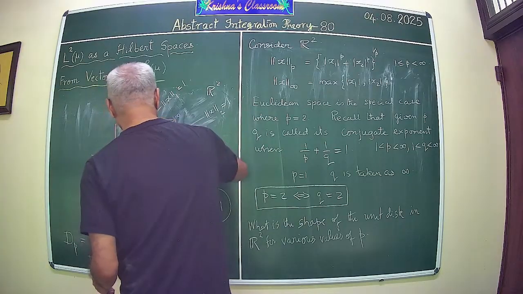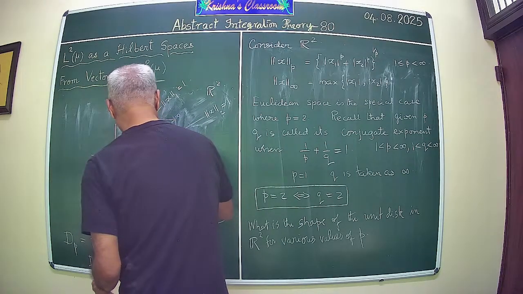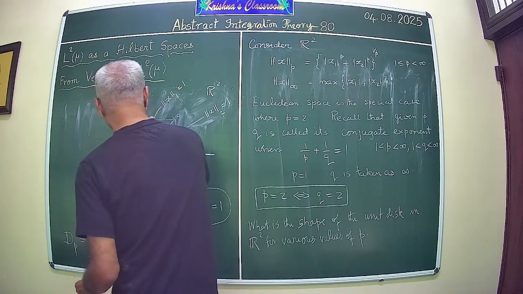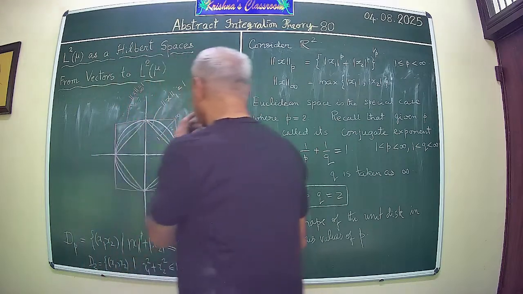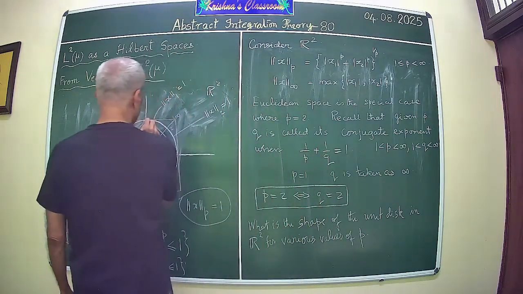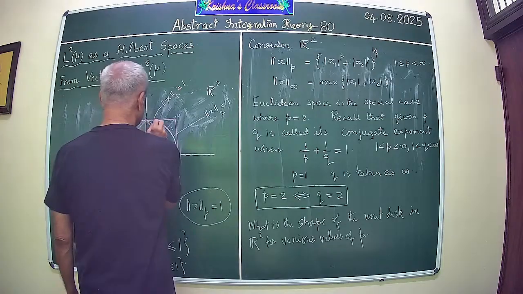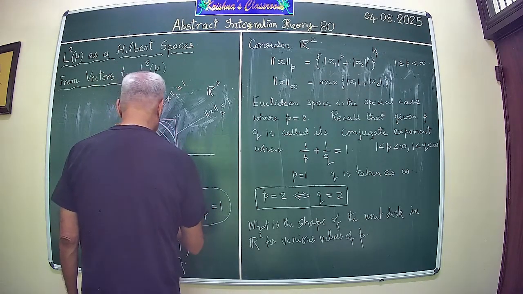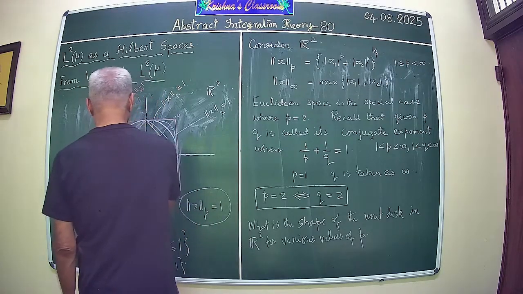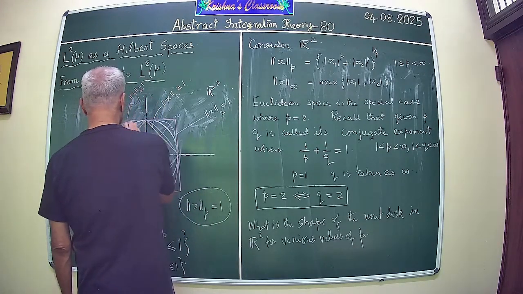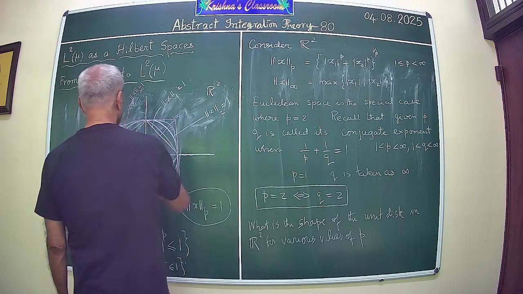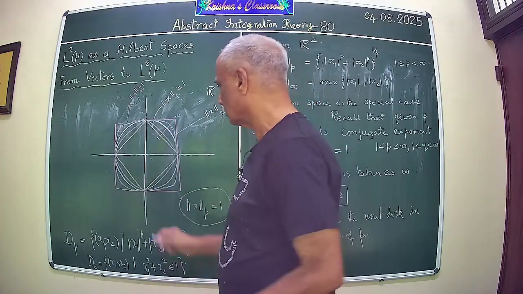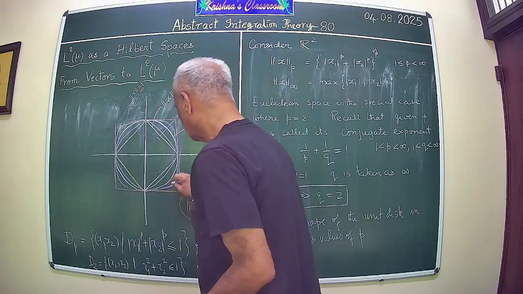This is a slightly bulging shape, for some p that lies between 1 and 2. And here, for some p that lies between 2 and infinity, you have the ball. So these are all the shapes of the unit ball.